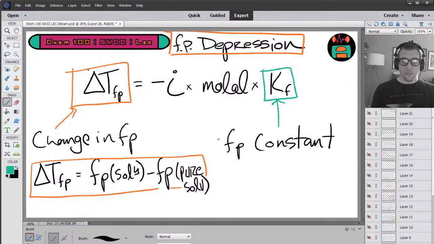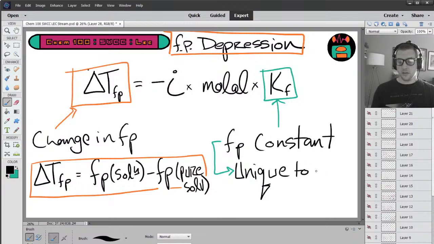Something to know about the freezing point constant is it's actually unique to every solvent. So the freezing point constant of water will be different than the freezing point constant of ethanol, which will be different than the freezing point constant of benzene, for example.